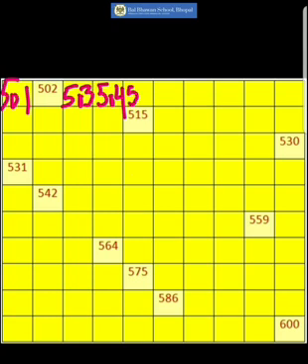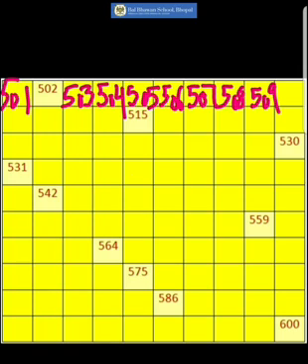Now children, what comes after 4? Yes, 505. Now what comes after 5? 506. Now children, what comes after 6? Yes, 7, and it will be 507. Next number, it is 508. Then next 509. And what comes after 9?